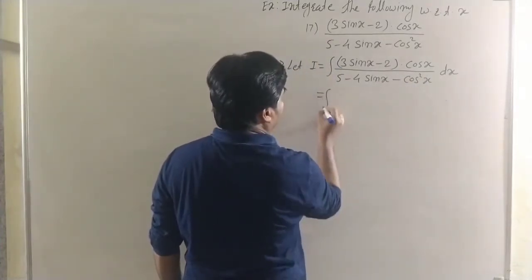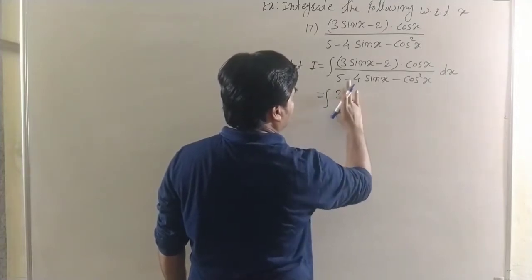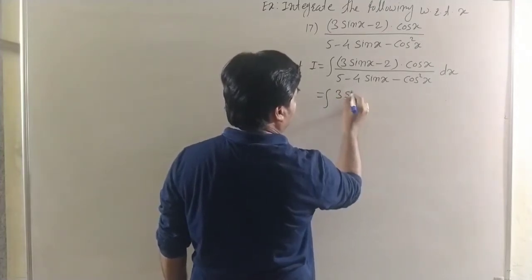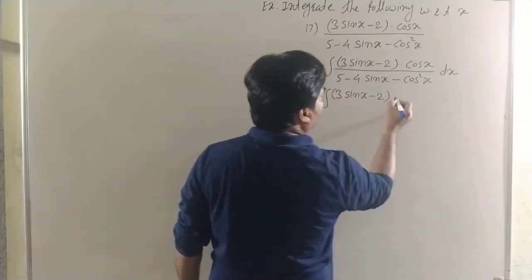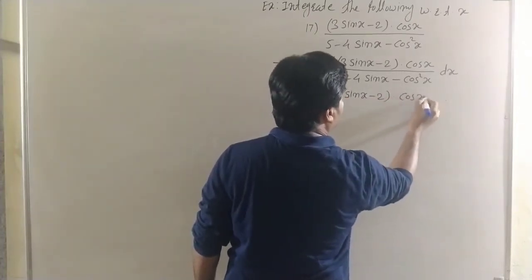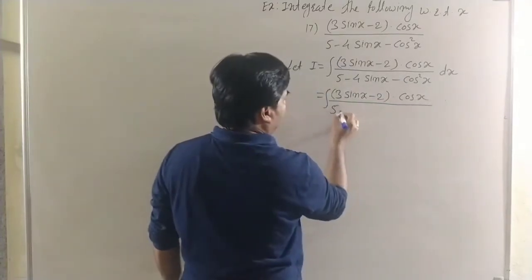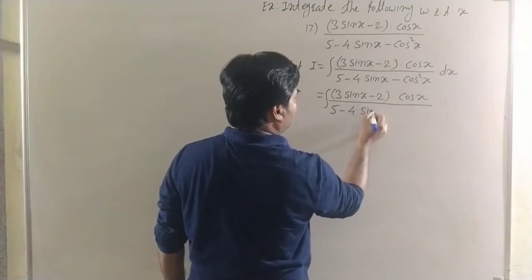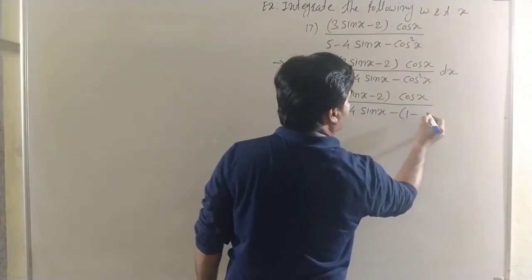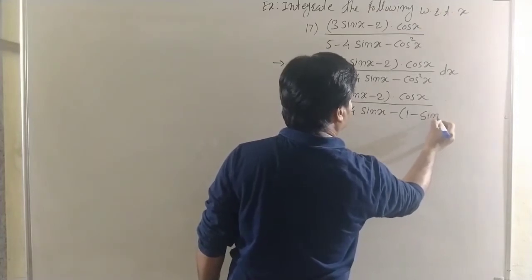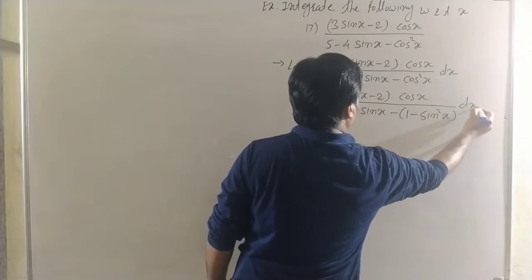Okay, now first convert cos x into sin. See carefully: (3 sin x minus 2) cos x upon 5 minus 4 sin x minus (1 minus sin square x) dx.